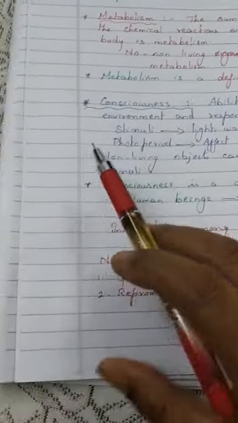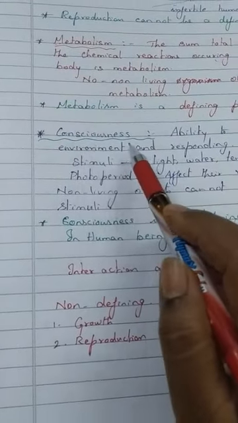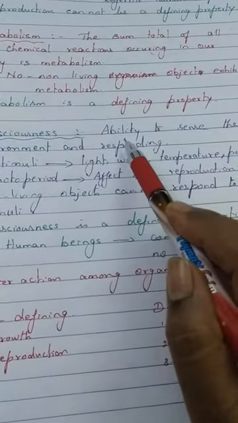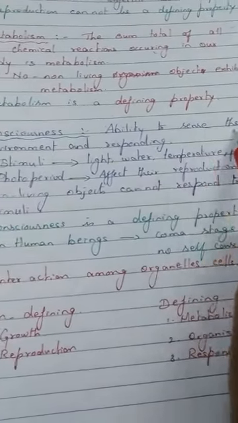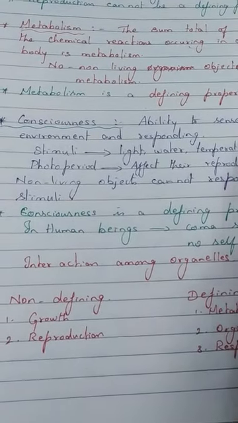And another characteristic feature of living organisms is consciousness. What is consciousness? Consciousness is the ability to sense the environment and respond to the changed environment.